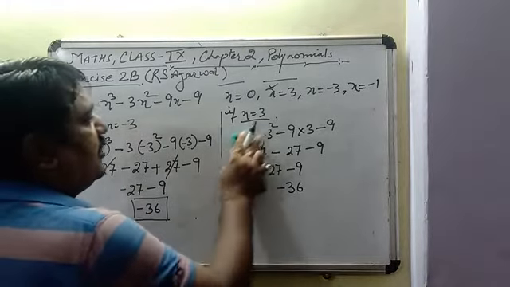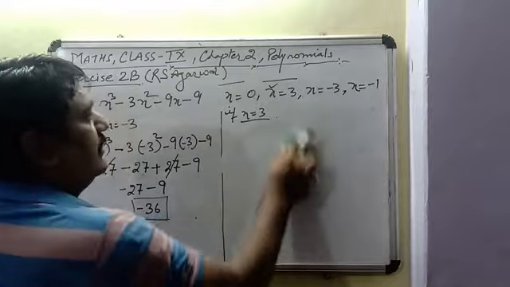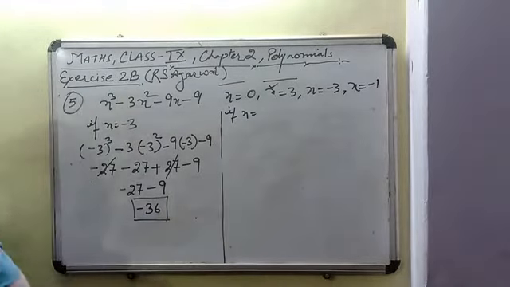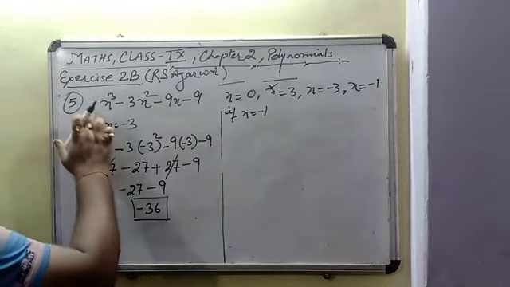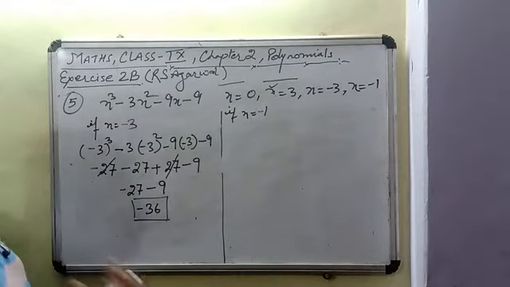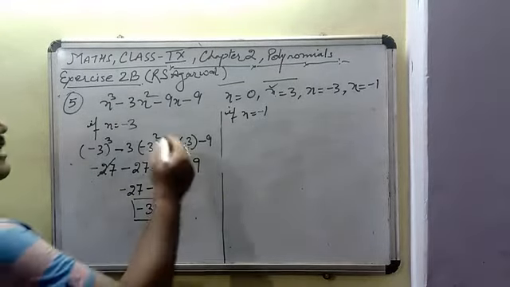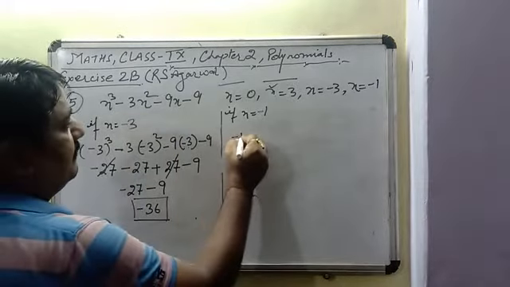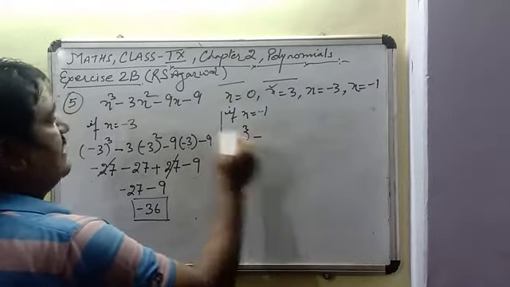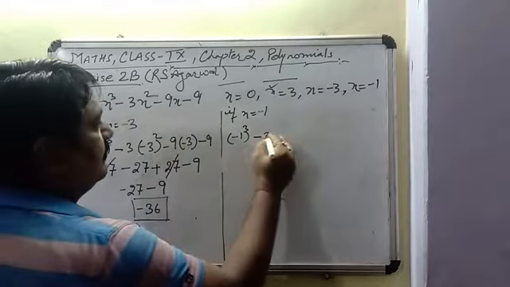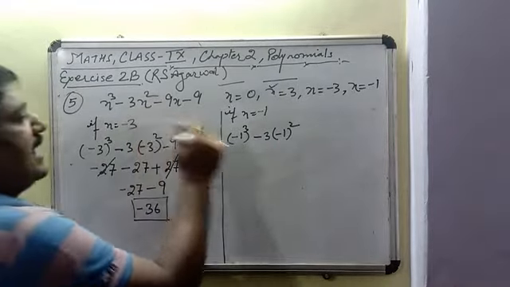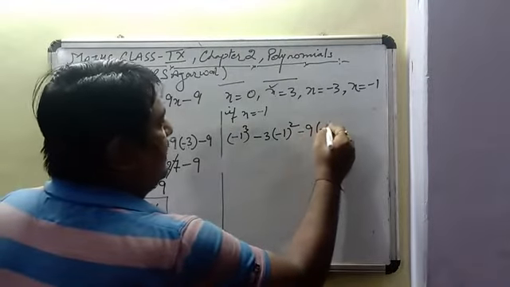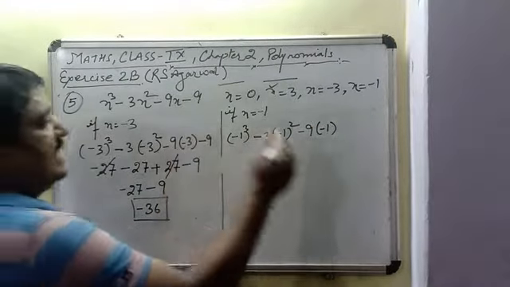Now the fourth value we are going to put here. The fourth value given to us, put the value of x equals to minus 1. So जहाँ भी हमें x दिख रहा है, we are going to put minus 1 over here. Minus 1 cube, minus 3 into minus 1 square, minus 9 into minus 1 and minus 9.